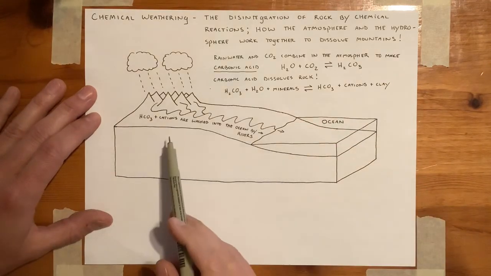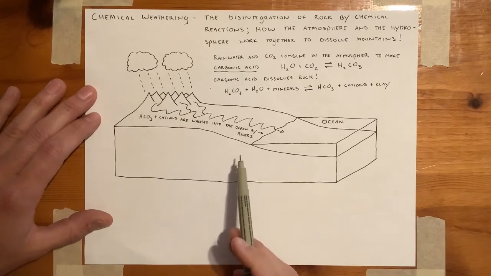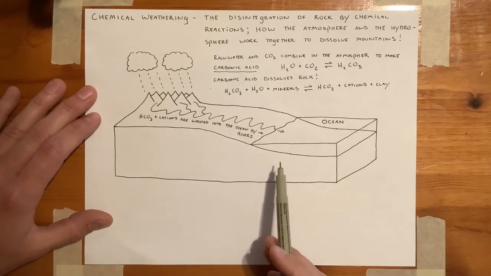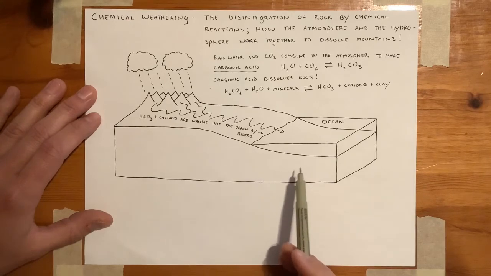Once that bicarbonate and those cations are washed into the ocean, they are used by critters that live in the ocean to make calcite and eventually limestone, a chemical sedimentary rock made entirely of calcite, which is going to be deposited on the seafloor.